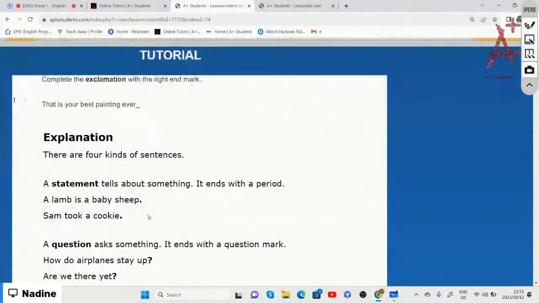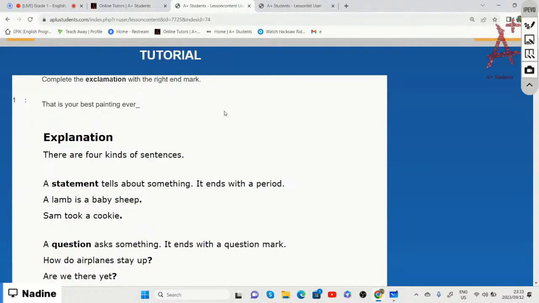All right, if we look at the sentence, it says complete the exclamation with the right end mark. So the exclamation, we need to complete it with the right end mark. That is your best painting ever.